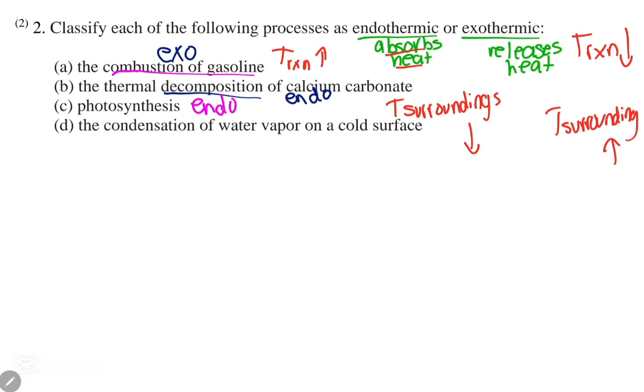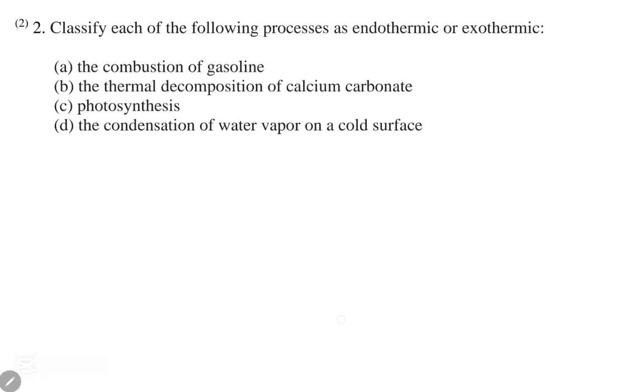So what are we doing? We are changing it from something that does not have any bonds into something that has bonds, right? So in order to form the bonds, we need to release energy. The reaction needs to release energy. So when it releases energy, it is exothermic.